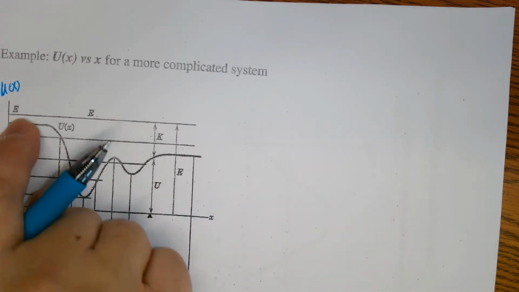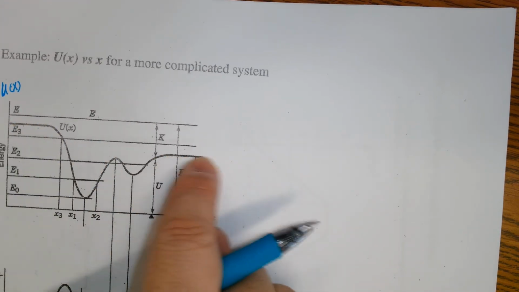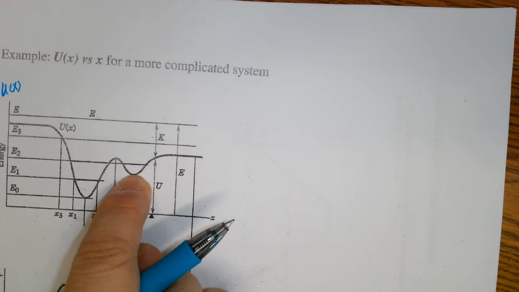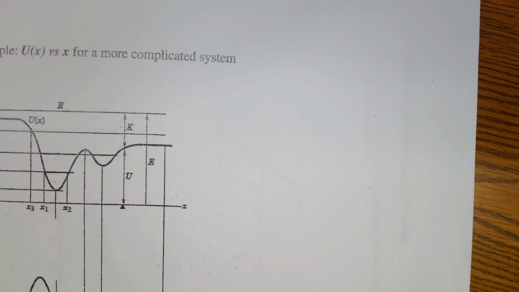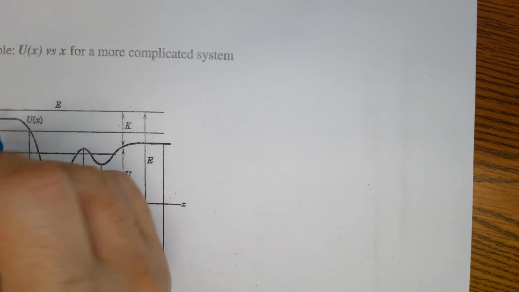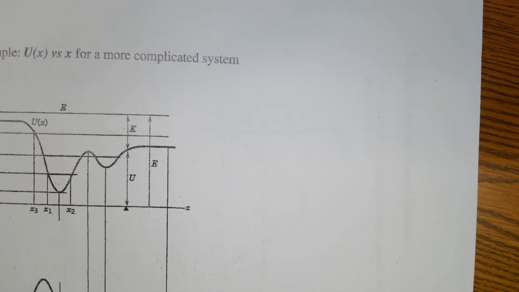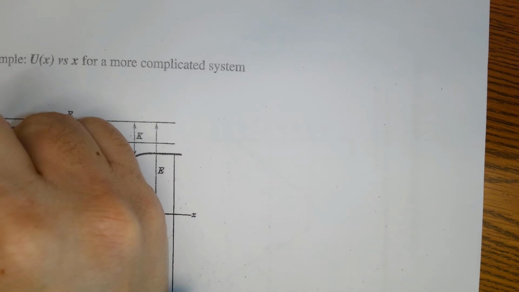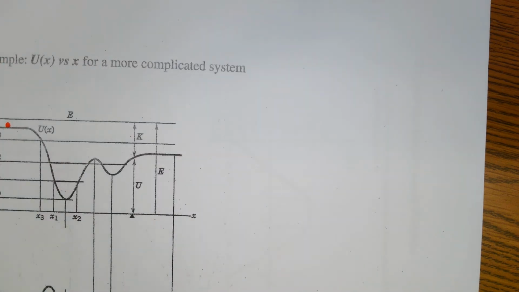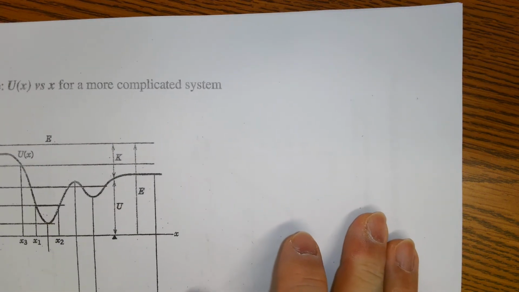So the forces all along here, at this instant, your force is going to be 0. Okay? So if you were to visualize this, think about it as though if you had a marble, and you let the marble just basically roll on this u of x function as a track, okay.